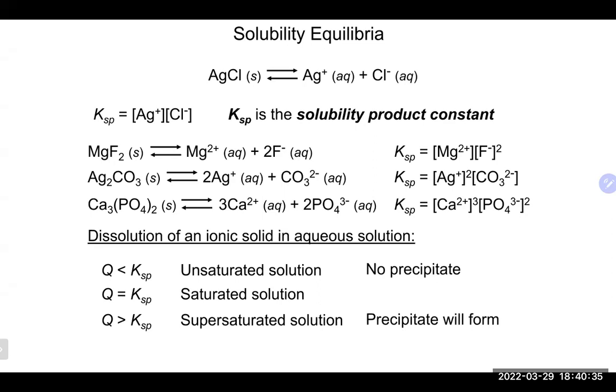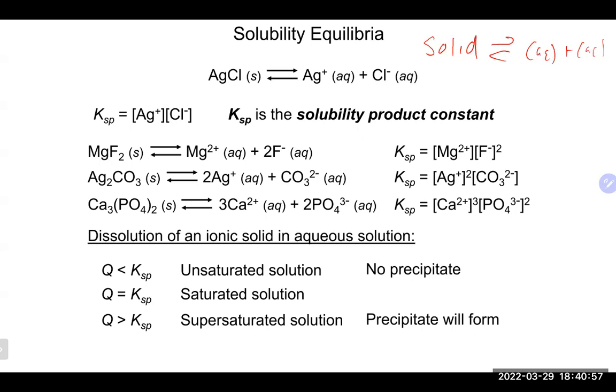It's going to be super, super small, going to break apart into ions, but it does have some degree of solubility. All KSP expressions are written like this. You've got the solid on the left and aqueous ions on the right. That is 100% how all these KSP reactions are written.